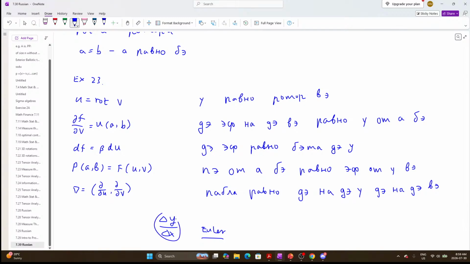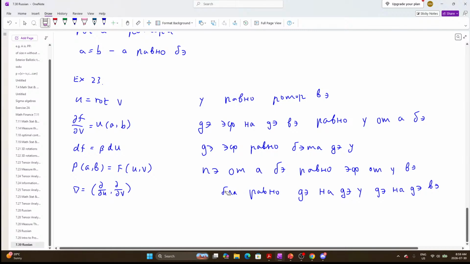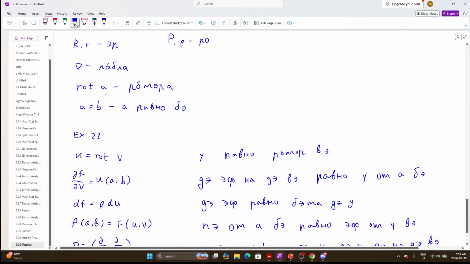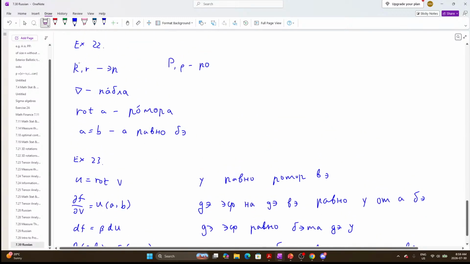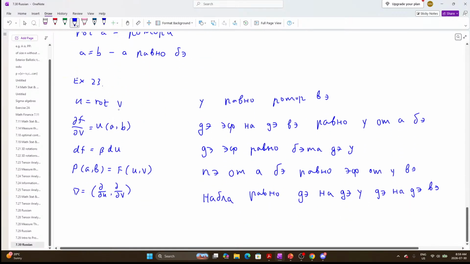But this is the standard finite difference ratio. Oh, you wrote, okay, my bad. Not nabla. Okay, thank you. I made a mistake here. Nabla. No wonder it looks weird. Nabla.